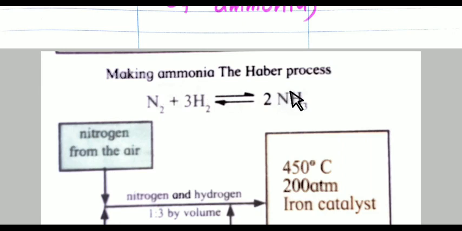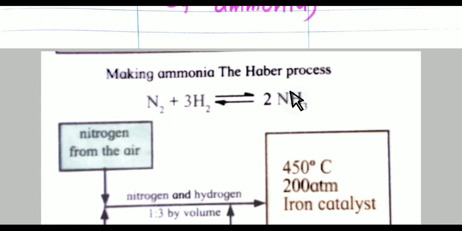Means when we calculate delta n, delta n is equal to 4 minus 2, which means that it is minus 2. So in this reaction there is a decrease in the number of moles, and you know that the forward reaction is exothermic.